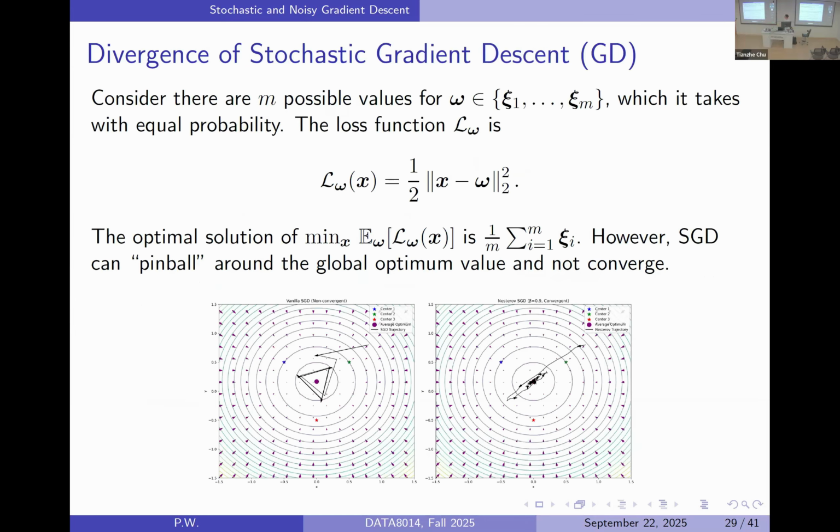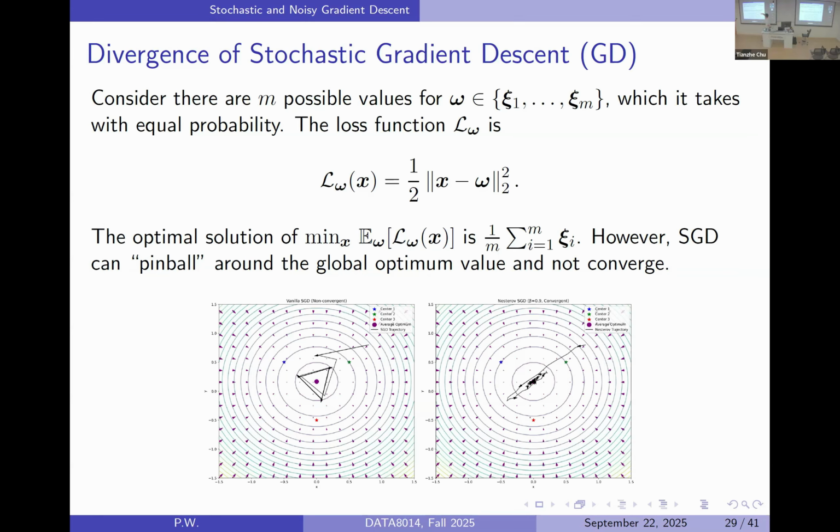Here we consider a very interesting example. It is very simple, but in this example we can show that stochastic gradient descent may diverge, may not converge for solving this optimization problem. We have n possible values omega_1 until omega_n, each with equal probability 1 over n.